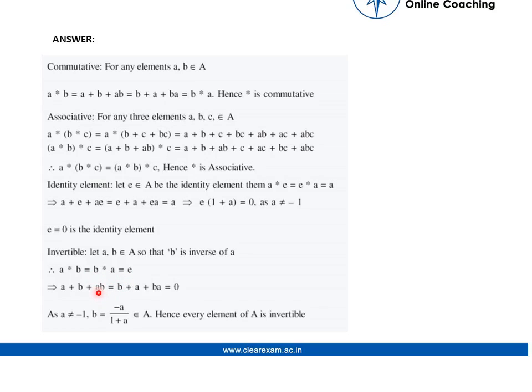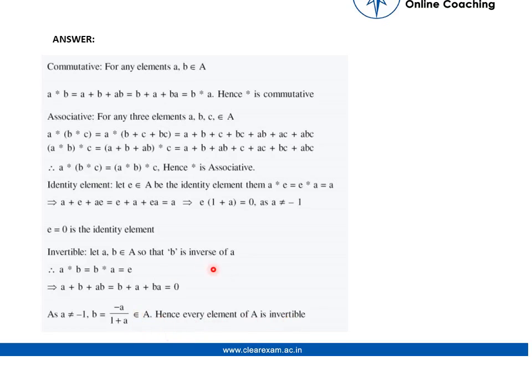Similarly, we'll do this with the RHS part, and we can see that a is not equal to minus 1, whereas b is equal to minus a divided by 1 plus a. Hence every element of A is invertible.